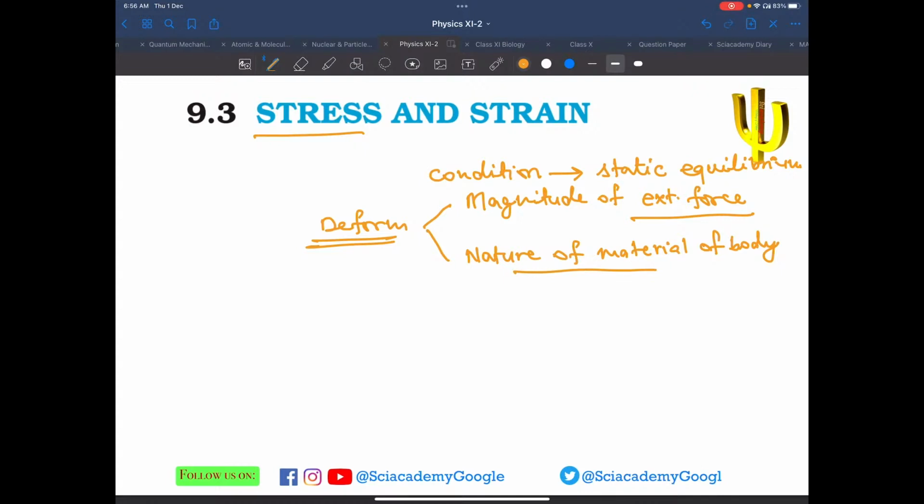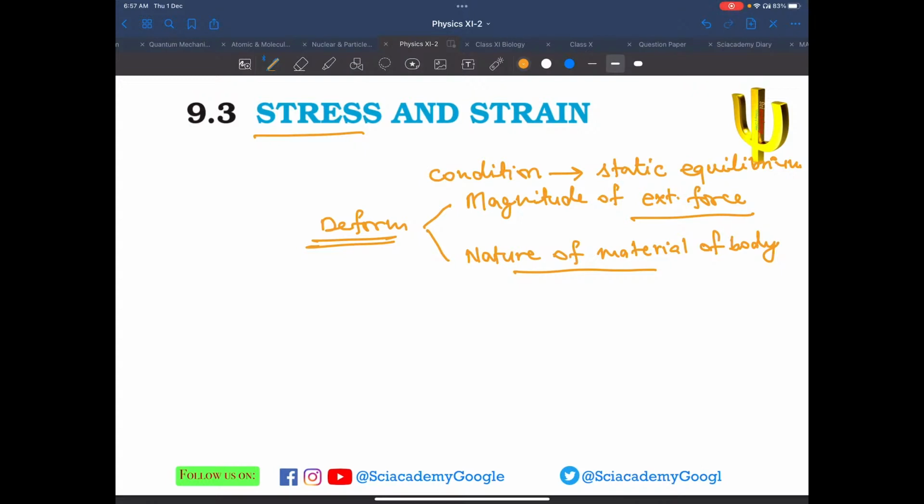The deformation may not be noticeable visually in many materials like steel, but it is always there because the deformation may be very, very small, so that it is difficult to visualize the change in the body. When a body is subjected to a deforming force, a restoring force is developed in the body.